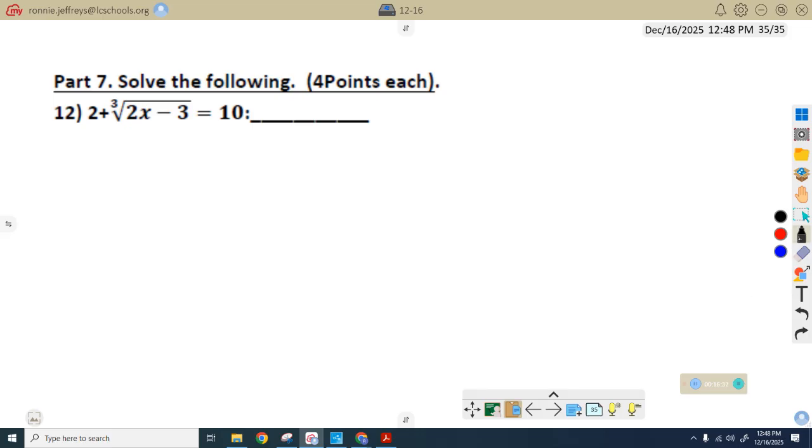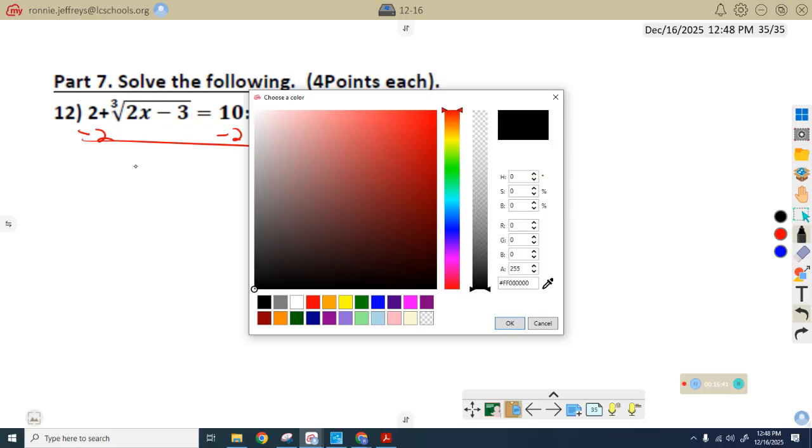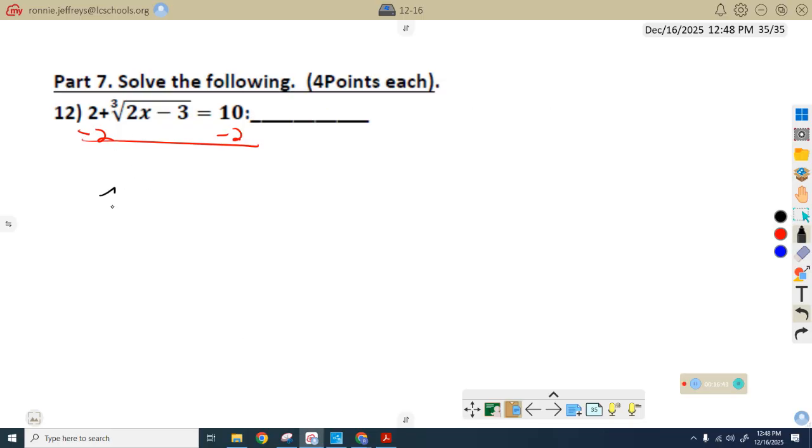All right, so where people made the mistake yesterday is this. We were supposed to subtract 2 first. Okay. Oh my gosh. And a lot of people divided. In my mind, I think I didn't mean to put the plus in there because when I was doing the key, I didn't even see the plus. So that was something crazy. So we cube.